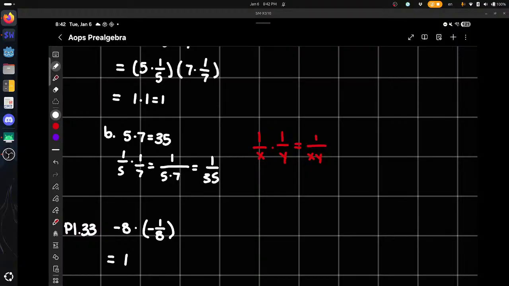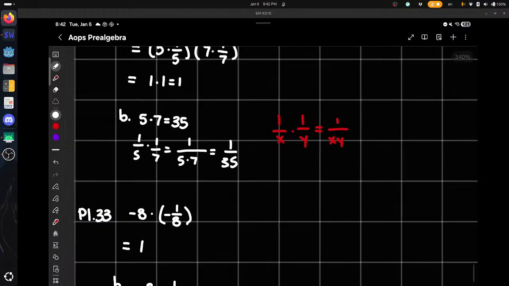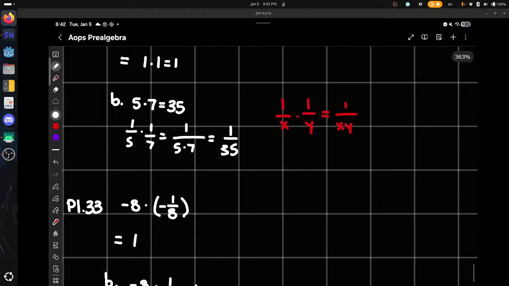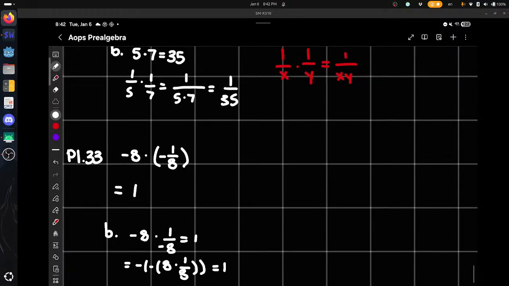How do we find the reciprocal of a negative number? The next problem shows the way. Negation times negation. Yep, because of the double negation property. So that gives us a positive 1. Okay, and I get that.